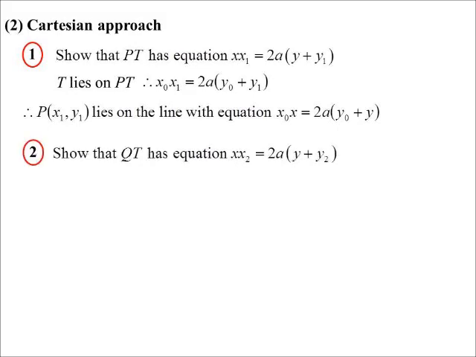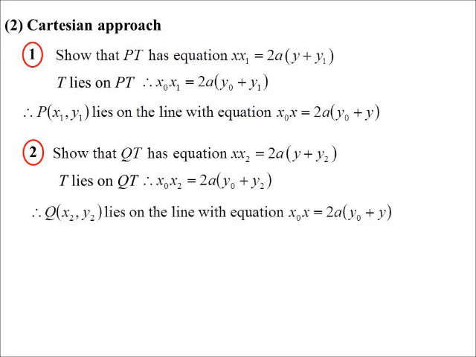I can do the same thing with QT. If I give Q coordinates x2, y2, then I could show the equation of the tangent is x2 x equals 2a(y plus y2). But T lies on this line as well. So I know x0 x2 is equal to 2a(y0 plus y2). So that is a correct statement.